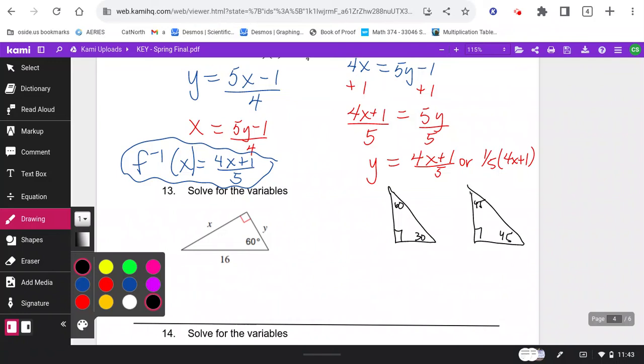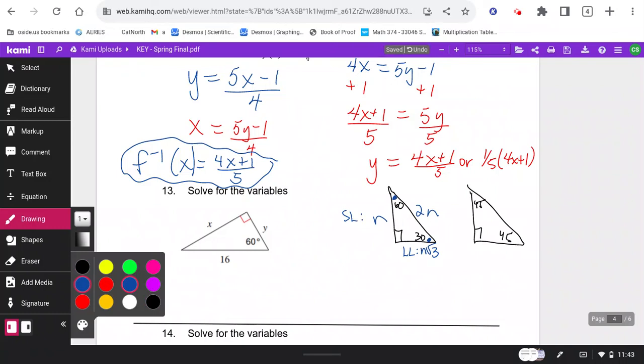On a 30, 60, 90, remember we have the short leg n, long leg n root 3, and hypotenuse 2n. How do I know which one is the short leg and the long leg? Across from the 30 is your short leg, across from the 60 is your long leg.